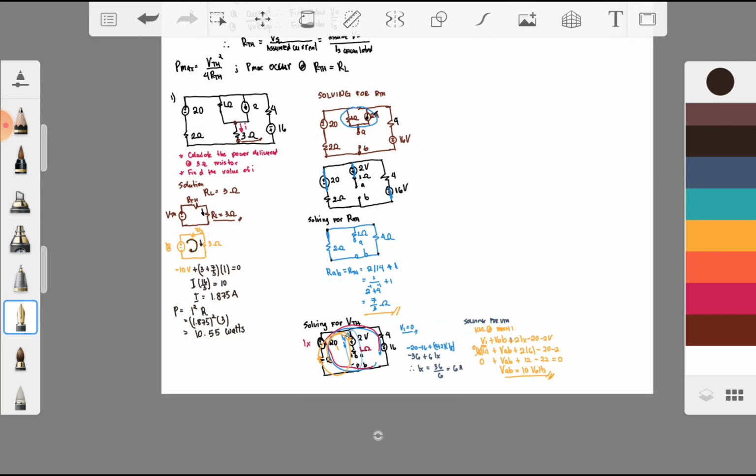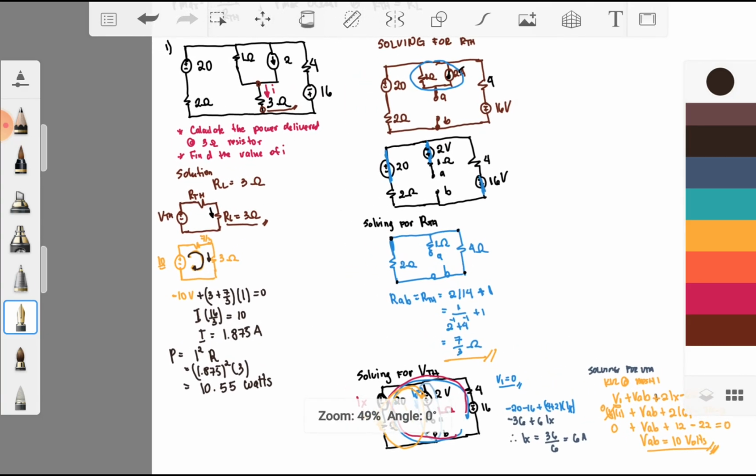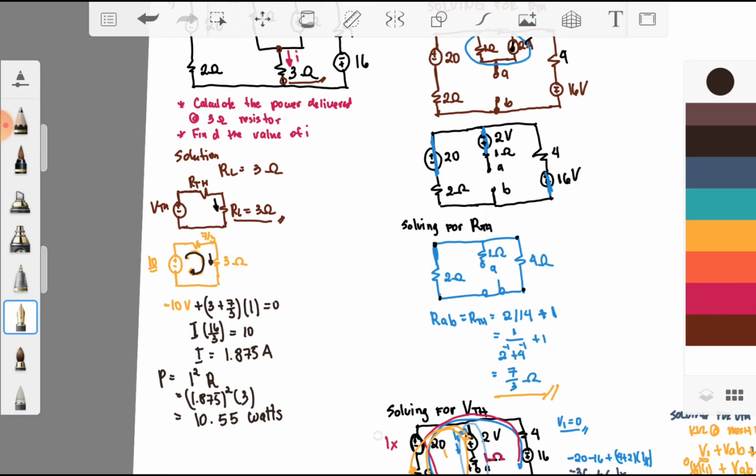Take note that if you will see my previous videos which have this example, they have the same current and wattage. If you will transform this into its IN, just a source transformation of your VTH and your RTH into a current source transformation, you will notice that your RTH and your RL just become parallel.